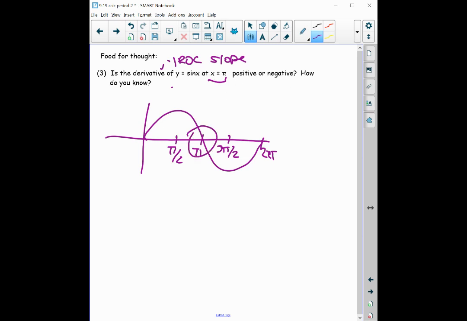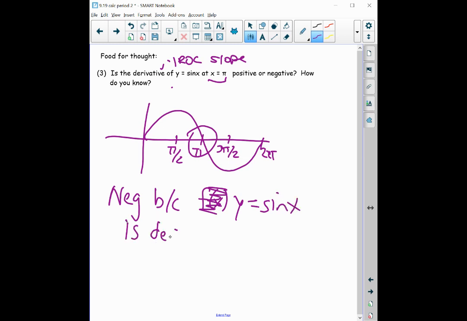If I look at x equals pi, I'm going to say negative, because y equals sine of x is decreasing. Since the function is decreasing, it has a negative slope, and slope is the derivative, so it has a negative derivative value.